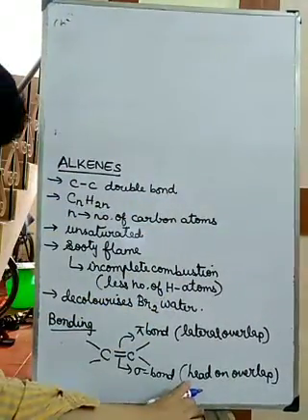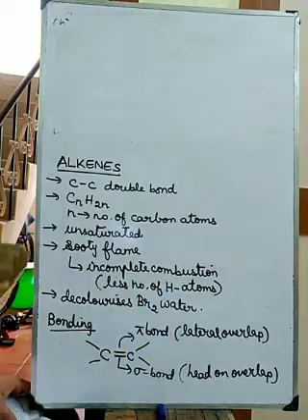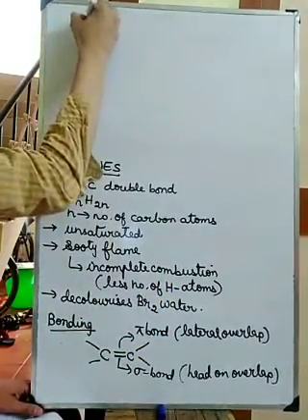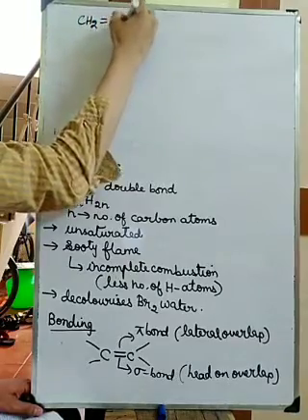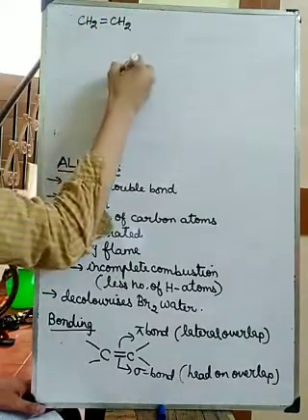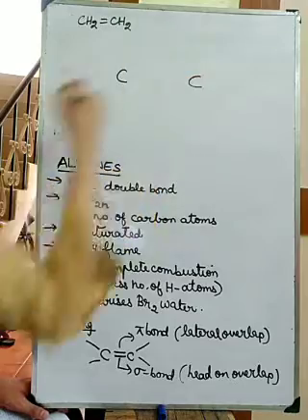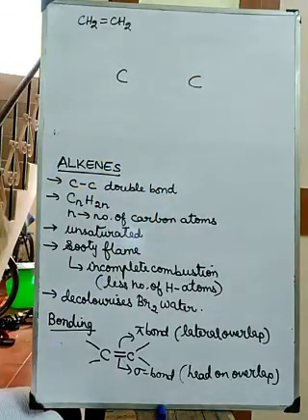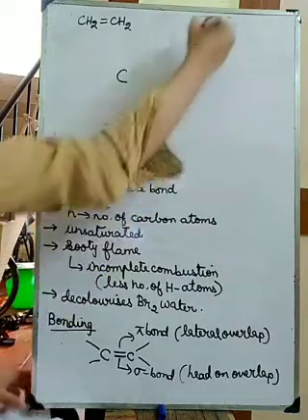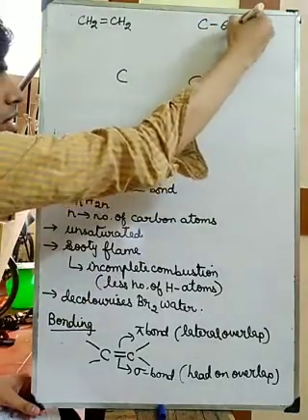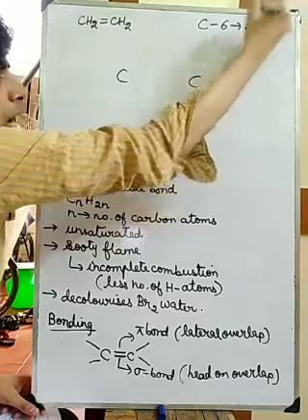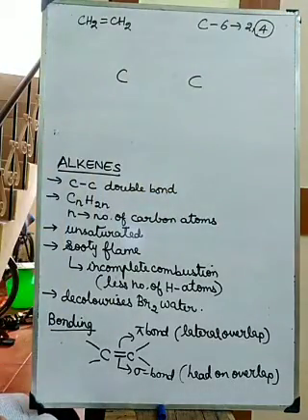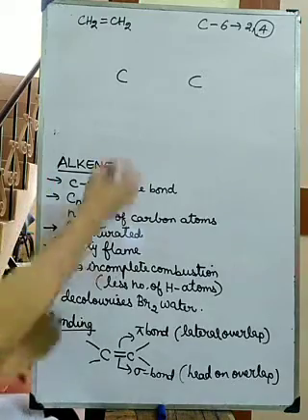So how can we draw that? For example, ethene, CH2 double bond CH2. How can I draw it? Carbon, carbon. For carbon, what is the valency? 4. Carbon's atomic number is 6, so it is 2, 4. 4 electrons are in the outermost shell, so we should draw 4 orbitals.